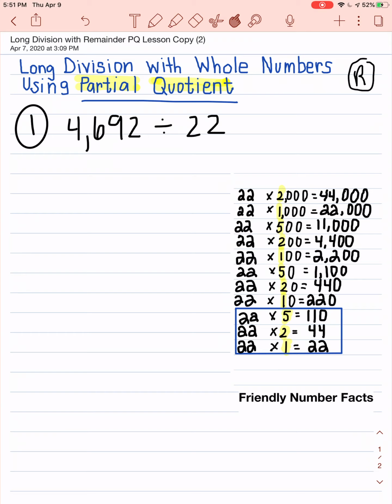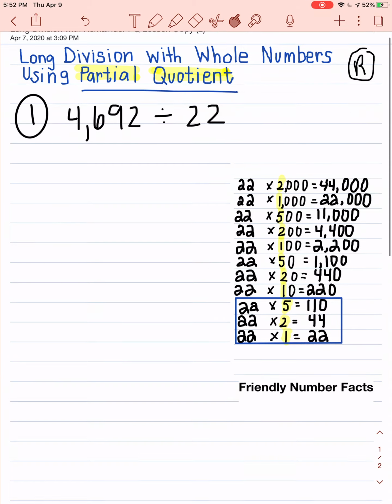You just add a 0. So 22 times 10, you see the 1 right there, and then 22 times 2, it's right there, 22 times 5, and then you add a 0. So it's 10, 20, 50, and then the same pattern continues. 22 times 1, but then you add 2 zeros, which makes 100. So 22 times 200, 500, 1,000, 2,000.